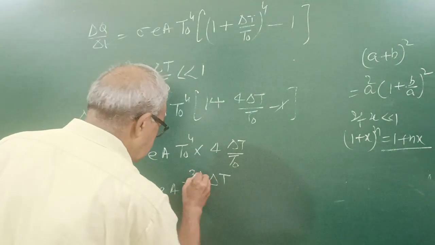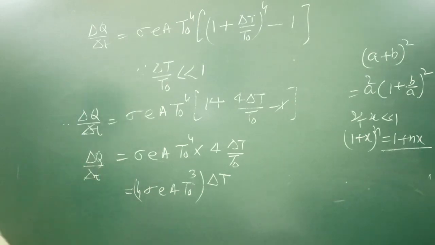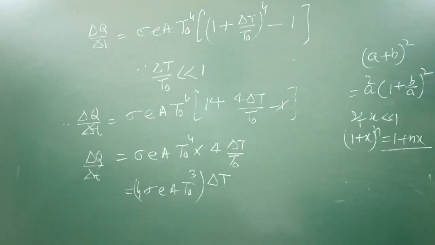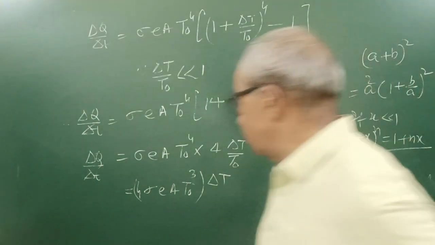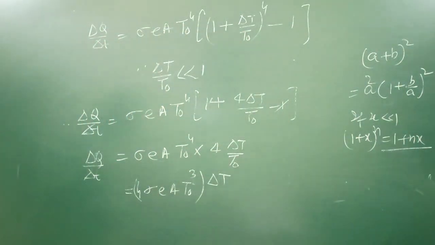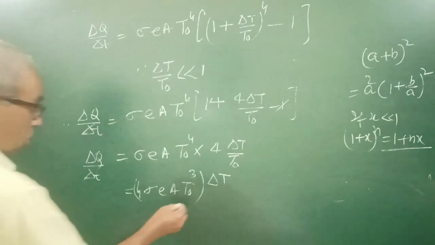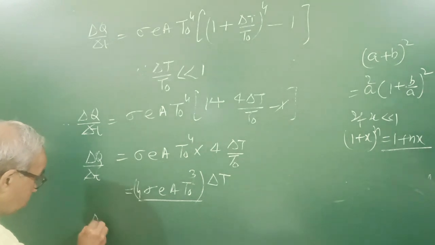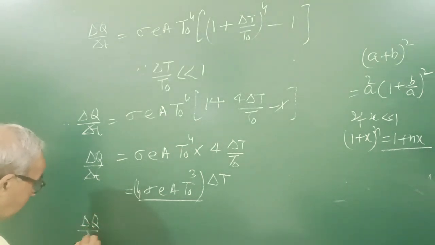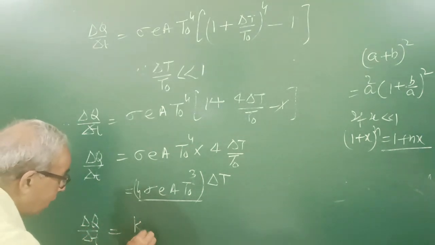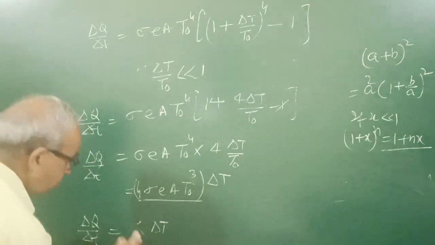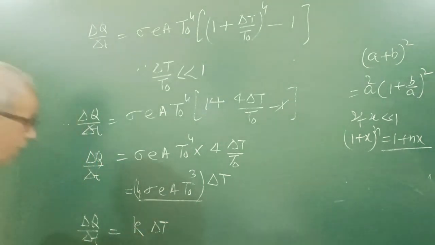Since the environment temperature does not change by losing heat to it from the hot body, this whole thing is constant. So delta Q upon delta t equal to k delta T, small k.